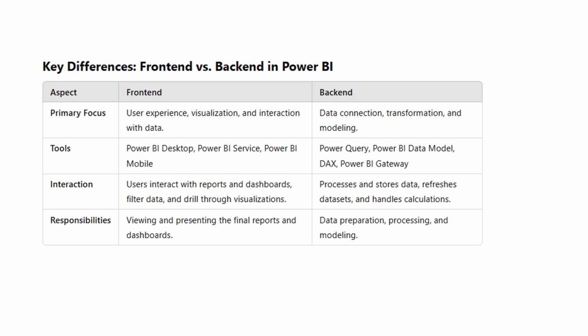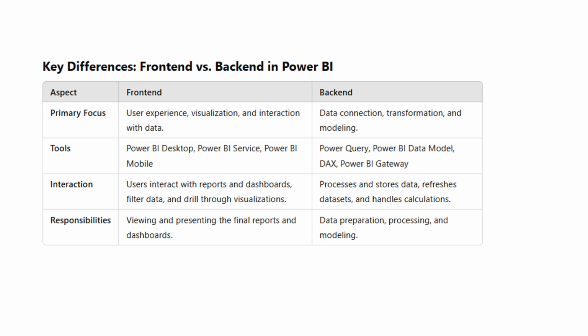Let us discuss the differences between front end and back end in Power BI. In the case of primary focus, the front end is about user experience, visualization and interaction with data. The back end mainly focuses on data connection, transformation and modeling. Next is tools. The front end tools include Power BI Desktop, Power BI Service and Power BI Mobile.